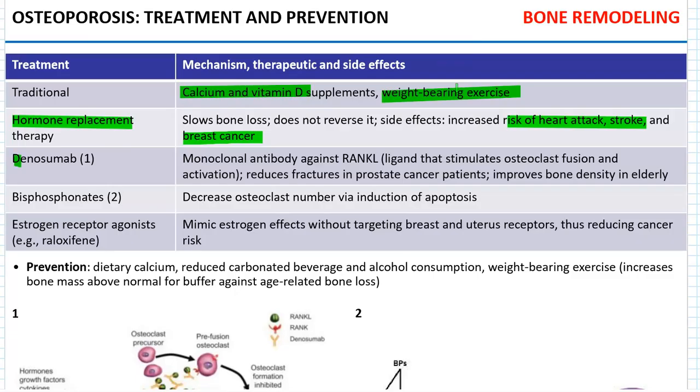Some drugs, you don't need to know the mechanisms, denosumab and bisphosphonates. Now we have estrogen receptor agonists, special drugs that act like estrogen on estrogen receptors in the bone, but miss the receptors in the potential breast cancer cells.